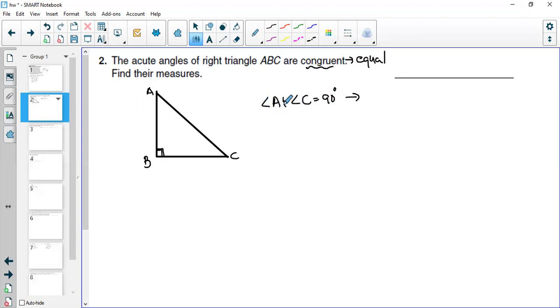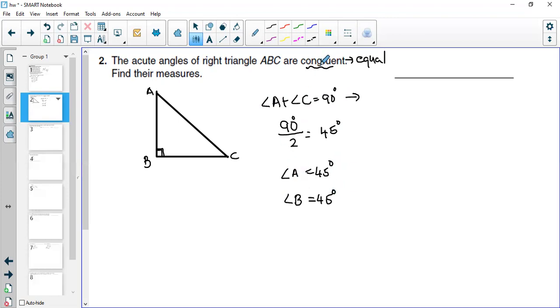So if both the angles are equal, that means I'm going to divide 90 by 2, right? That's going to give me 45 degrees, which means angle A is 45 degrees, and angle B is also 45 degrees.